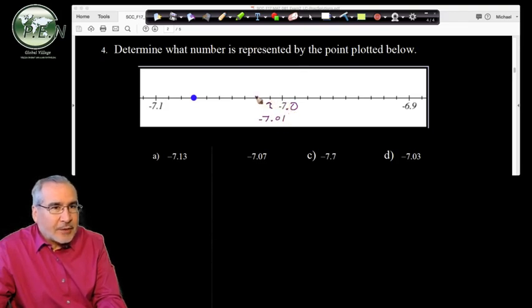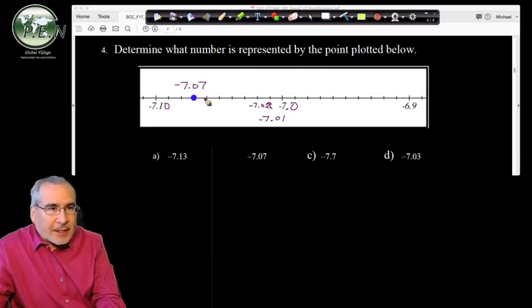These are hundredths. This would be negative 7.02, 03, 04, 05, 06, 07. This should be negative 7.07. Again, negative 08, 09, 10. So again, if you want to put a 0 on here, these are hundredths, not tenths.